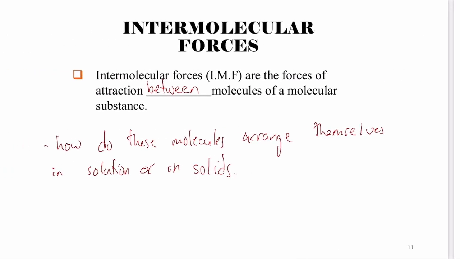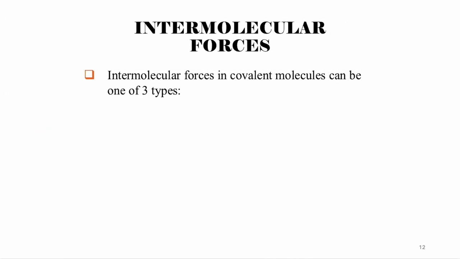And so in covalent molecules, there's 3 types of intermolecular forces that we're going to learn about. And just because I didn't put it on the previous page, usually I just abbreviate intermolecular forces as IMFs. So there's going to be van der Waals, or London dispersion forces.